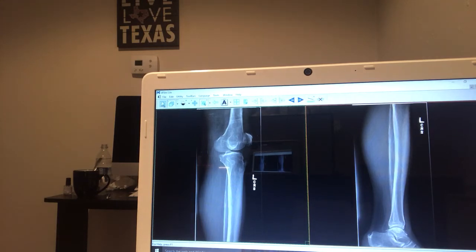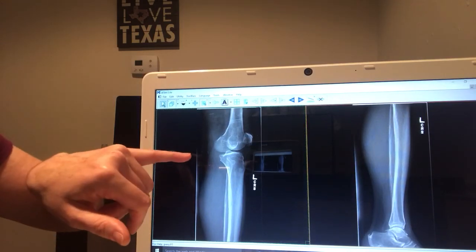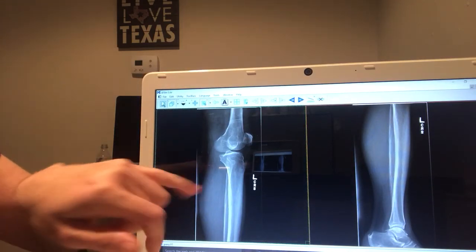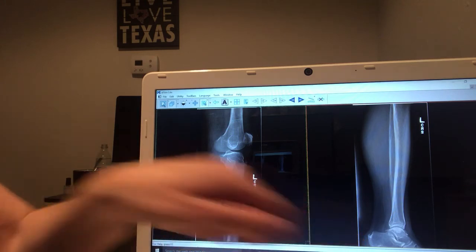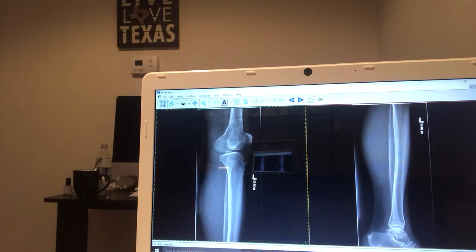So, positioning wise, I did not rotate the patient lateral enough. And I also did not bend the knee. The foot was not flexed.